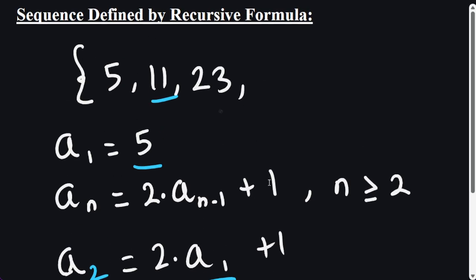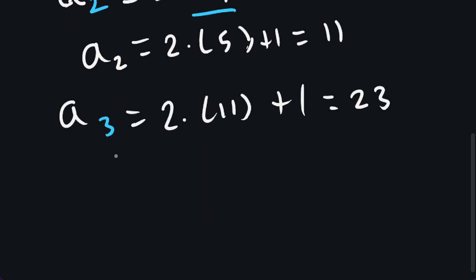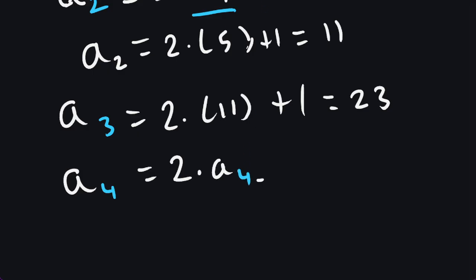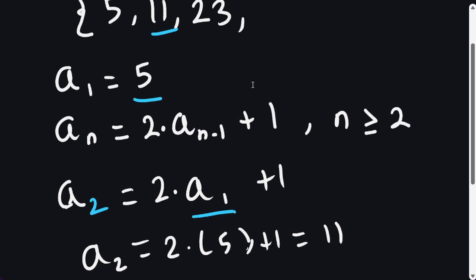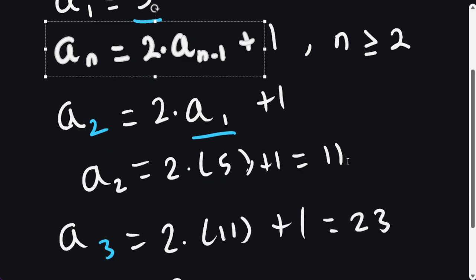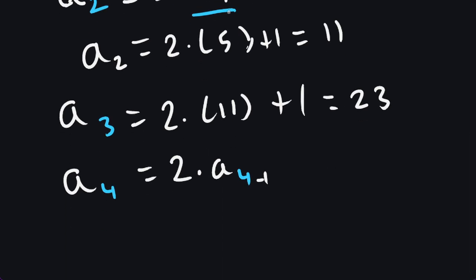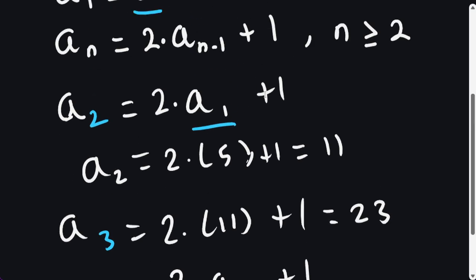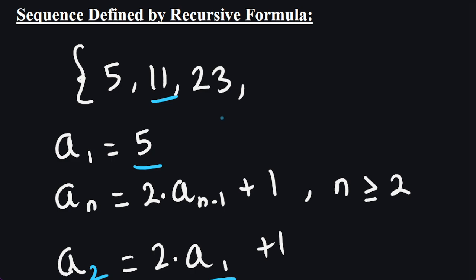Let's go through one more. Let's find a sub 4. A sub 4 is 2 times a sub 4 minus 1 plus 1, again following our recursive formula. A sub 4 minus 1 is a sub 3, and we know the third term of the sequence is 23.